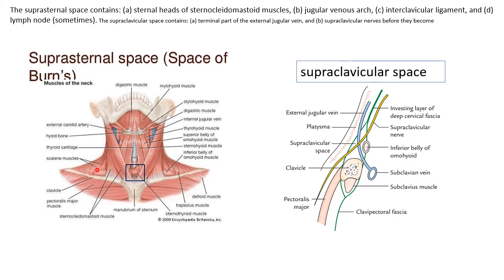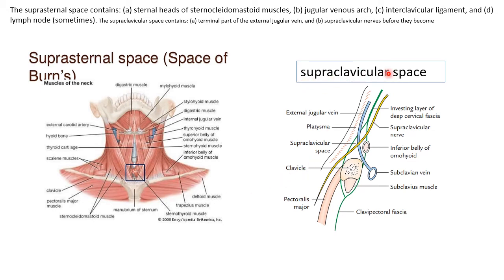The posterior layer, before attaching to the posterior aspect of the clavicle, encloses the inferior belly of the omohyoid muscle. The contents of the supraclavicular space are the terminal part of the external jugular vein and the supraclavicular nerves before they become cutaneous.